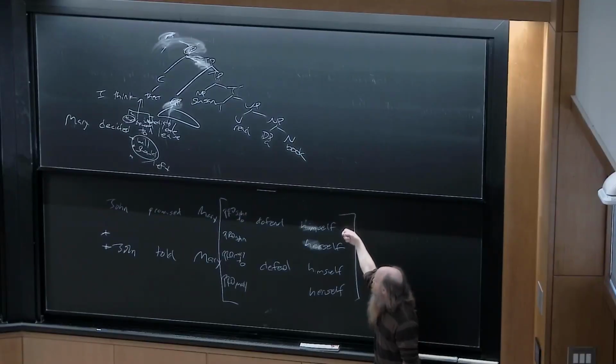Well, the answer is yes here, because himself gets to be bound by that pro, John. It refers to John, and so himself can be John. It can't be herself because the pro is John, not Mary. Whereas when the higher verb is told, then the pro is Mary, and so now himself is bad because himself can't refer to Mary, and herself is good. You can get bound by Mary.